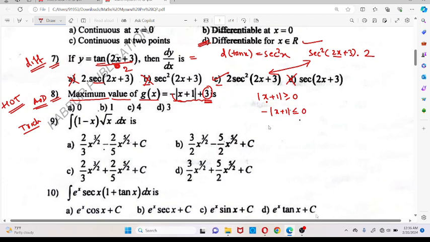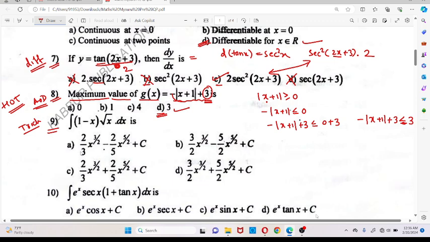If you add plus 3 on both sides, we get minus of modulus of x plus 1 plus 3 less than or equal to 0 plus 3. Finally, minus of modulus of x plus 1 plus 3 is less than or equal to 3. So since it is equal to 3, the maximum value is definitely 3, that is option D is the right answer.